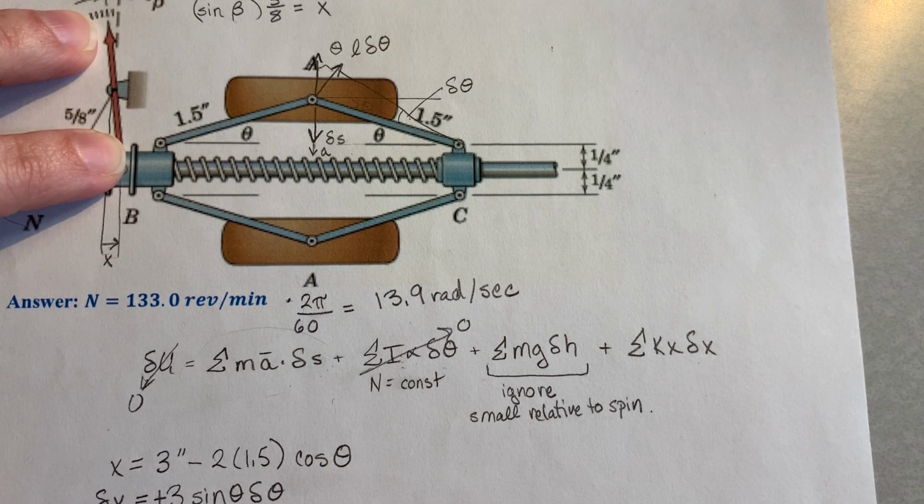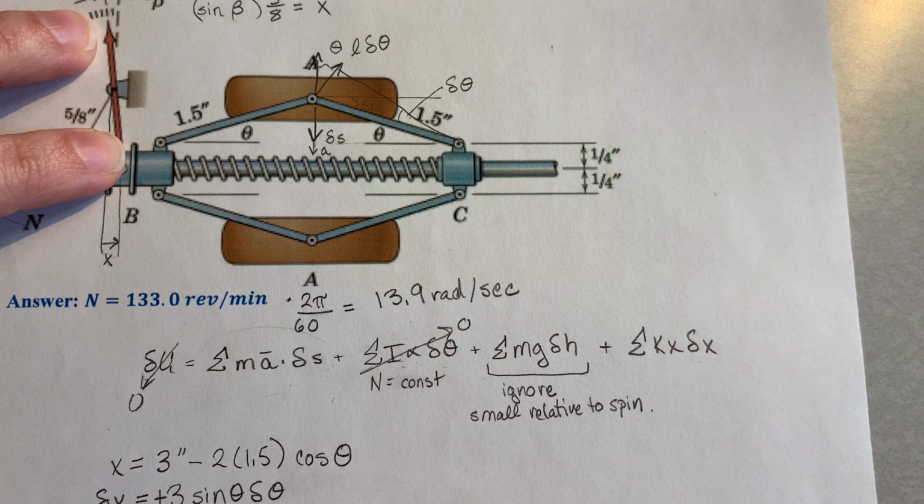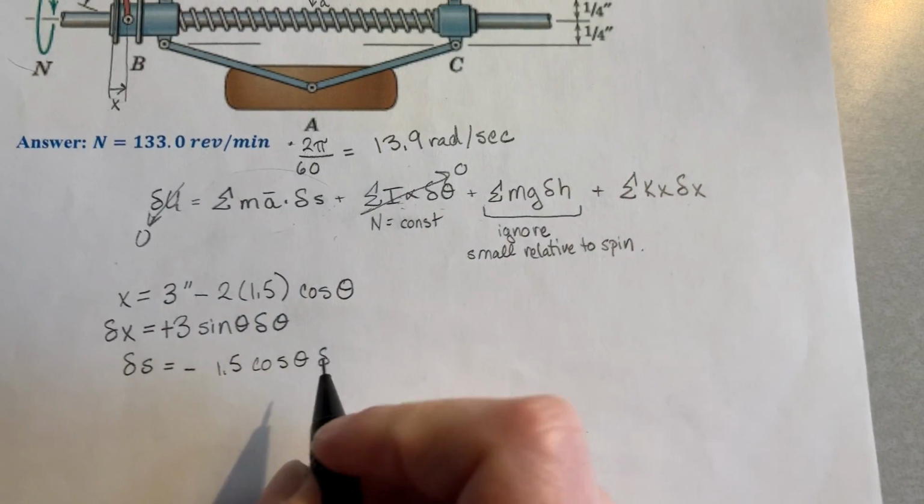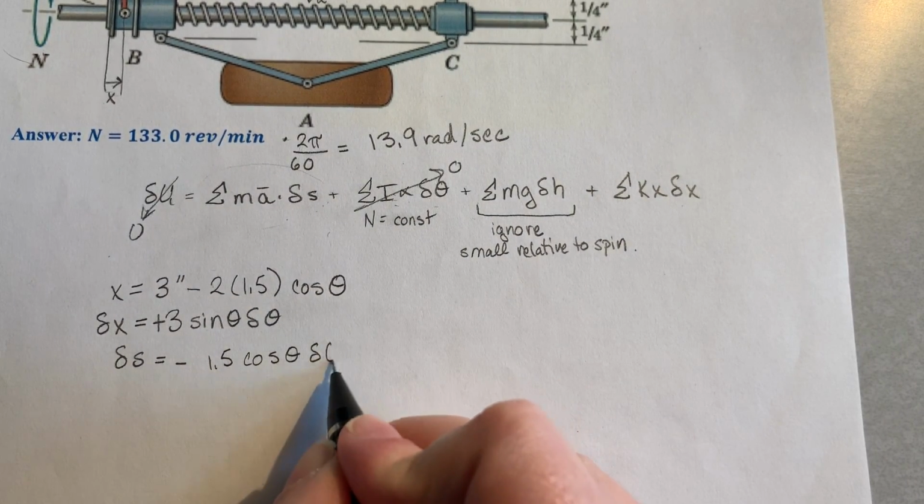So what we want is that the variation in s is going to be negative 1.5 times the cosine of theta times the variation in theta.